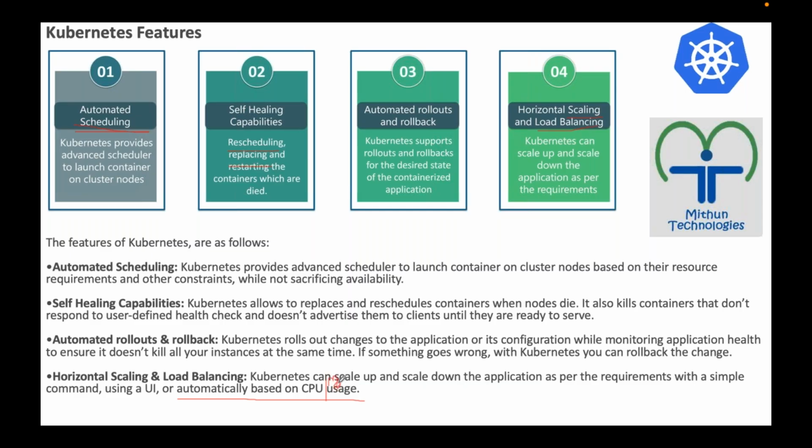Kubernetes can increase and decrease the number of pods. Here we call it a pod; we will discuss what a pod is later. So it will increase and decrease the number of pods, the number of containers, manually, or we can do auto scaling.